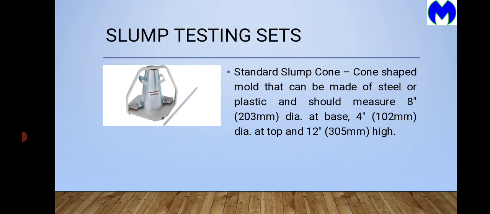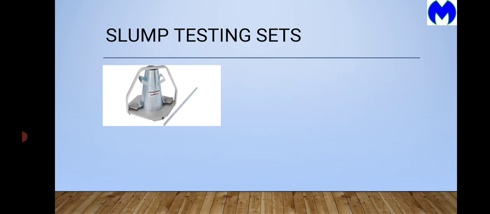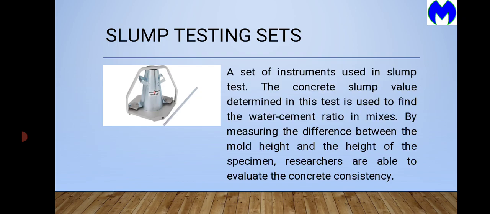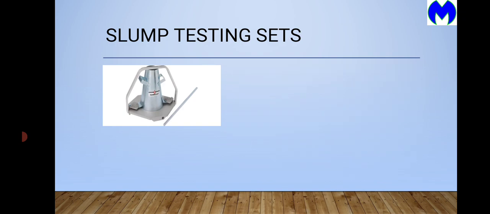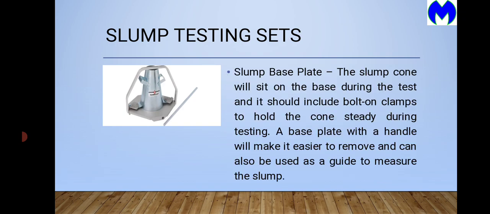Then we also have the SLUMP base plate. The SLUMP cone will sit on the base during the test, and it should include bolt-on clamps to hold the cone steady during testing. A base plate with a handle will make it easier to remove and can be used as guide to measure the SLUMP.